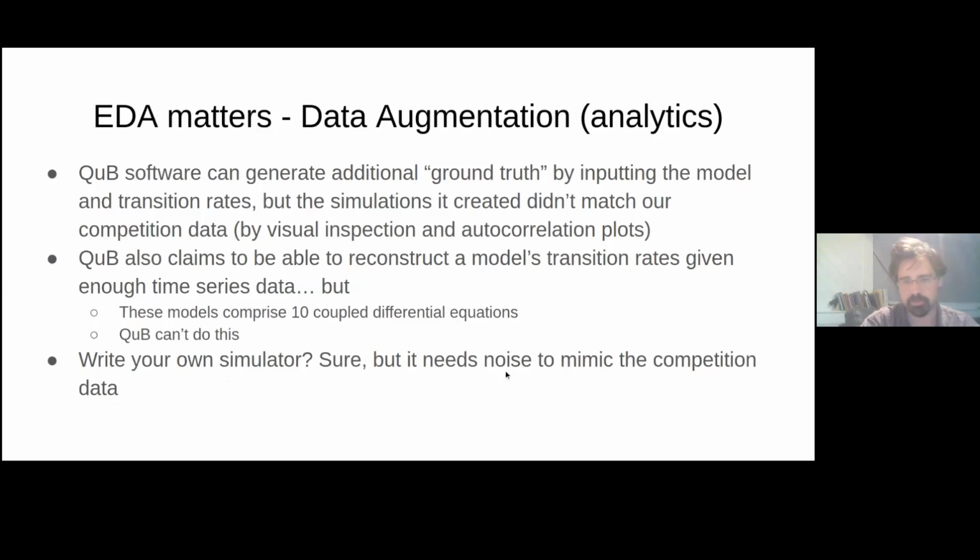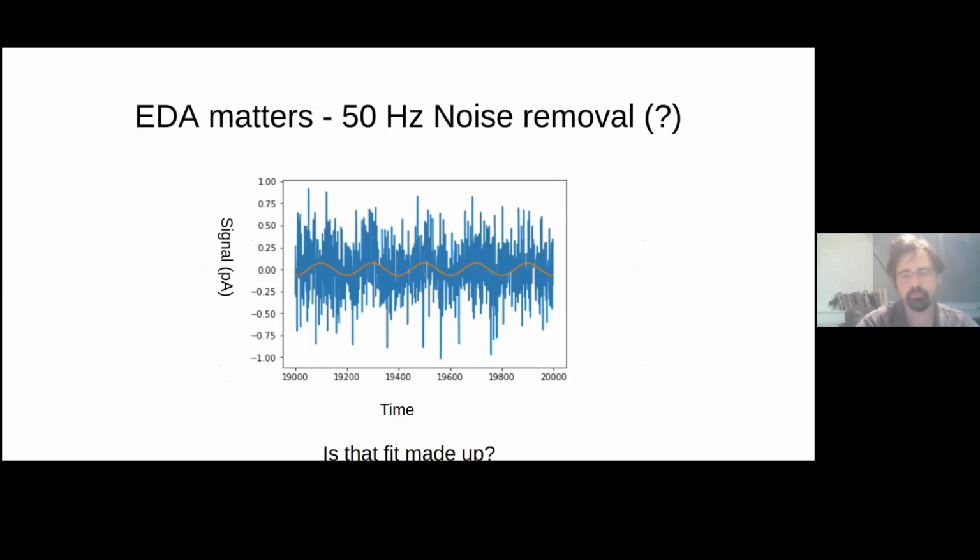So to mimic the competition data, my simulation had to have noise in it. And the easiest way to pull noise is to understand the noise, look at what the noise spectrum is. So here's the 50 hertz noise removal. This was spoken about in the discussion that there should be 50 hertz noise, and people did see plots similar to this.